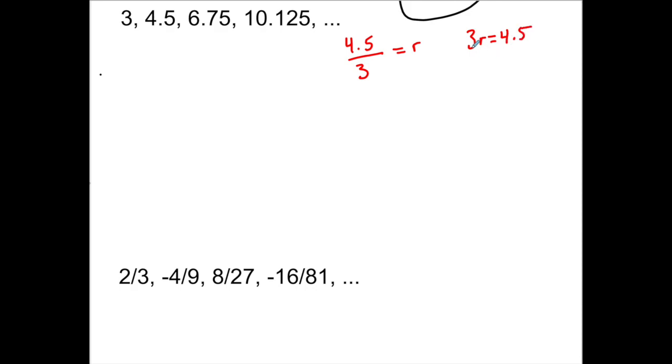In other words, it's going to give me the number that when I multiply it by 3 will get me 4.5. And that's what I'm looking for, right? That r that gets me from one term to the next. Okay, so that's just showing you why dividing a term by the one right before it gives you that ratio that you're looking for. So the ratio you should get is 1.5.